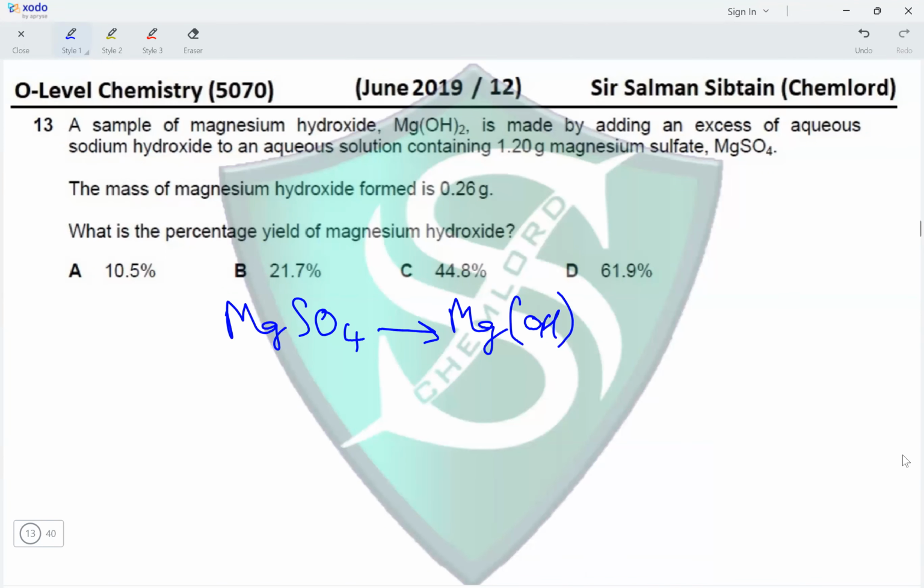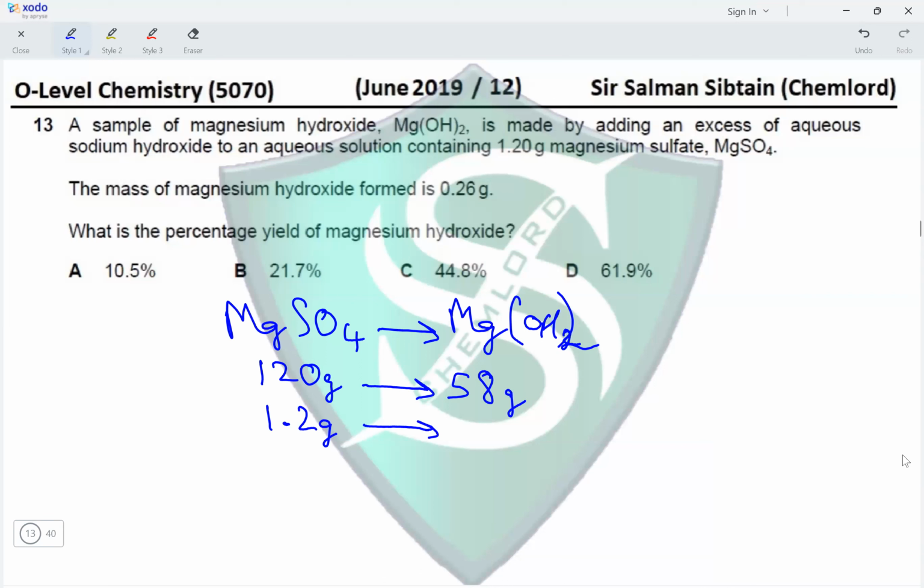According to the Mr of the compounds, 120 grams, which is the Mr of magnesium sulfate, would produce 58 grams of magnesium hydroxide, which is the Mr of magnesium hydroxide. The question says that 1.2 grams of magnesium sulfate is being used.